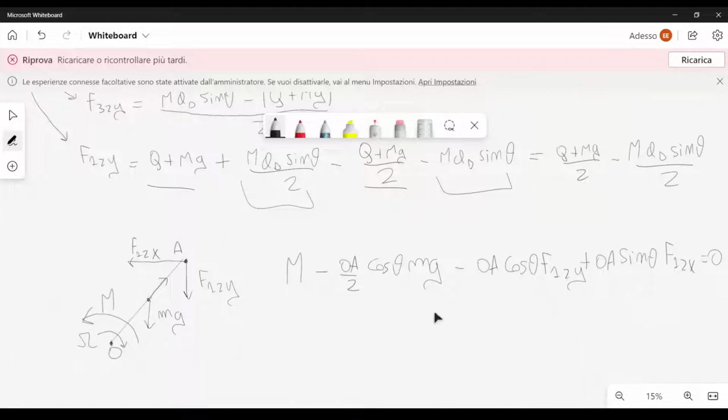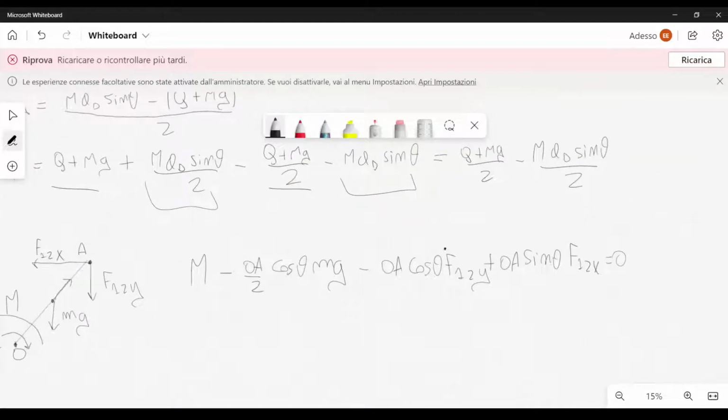Now, if you substitute the expressions for f12y and f12x, here you will easily find that m will be equal to m plus capital Mg plus Q times OA cosine theta, which is exactly the expression that we wanted to find.